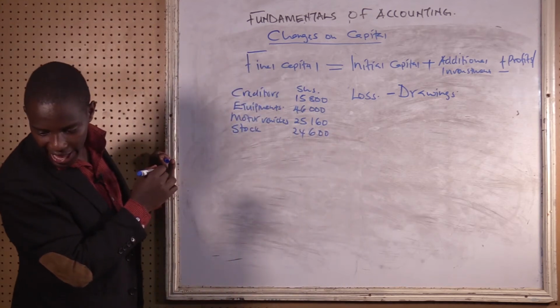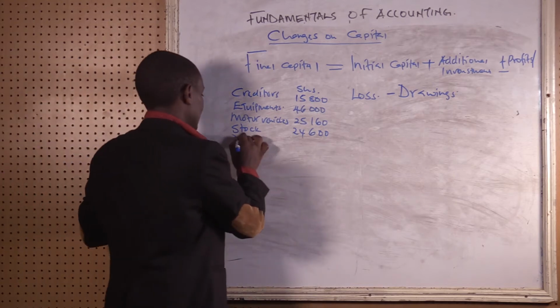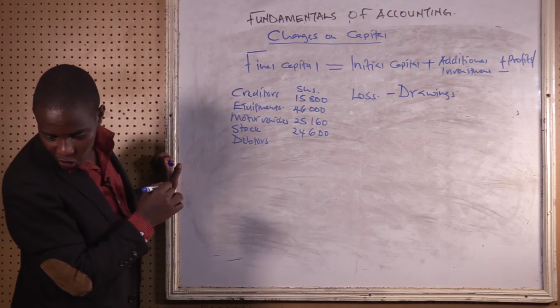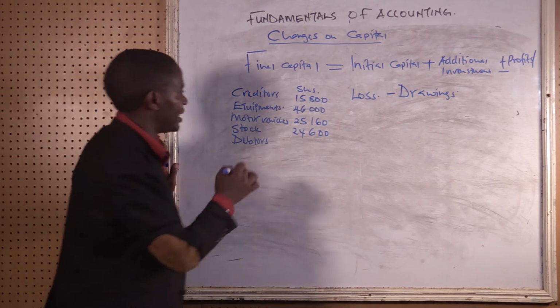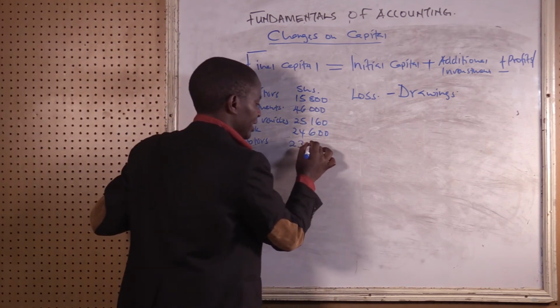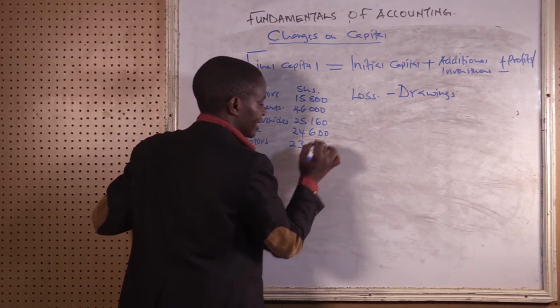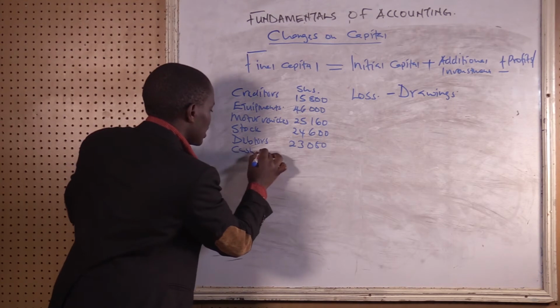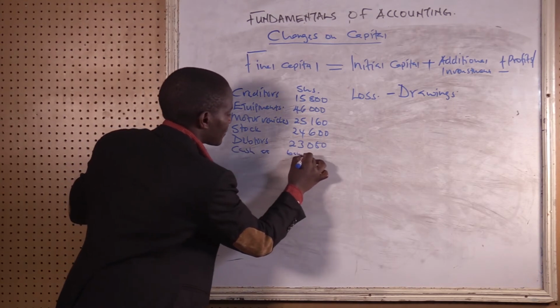Then we have debtors. We have 23,080 shillings. Then we have cash at bank.